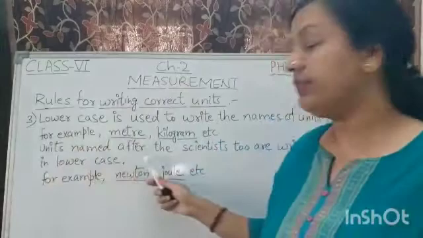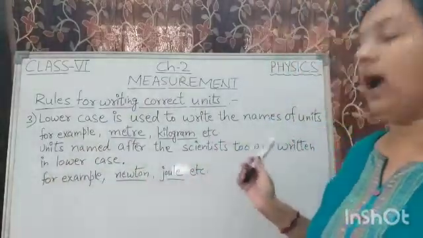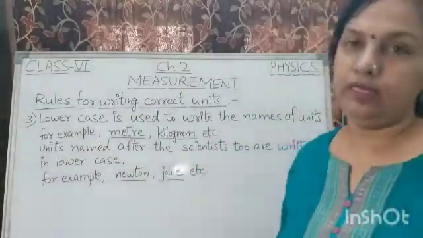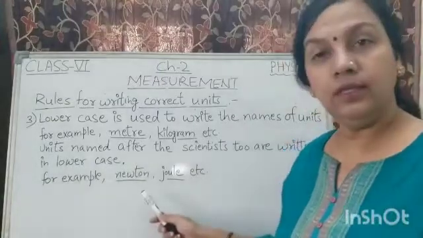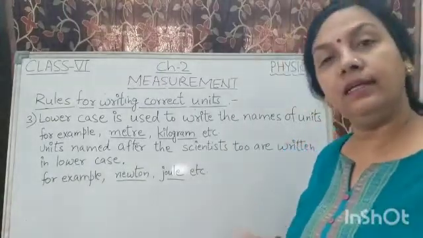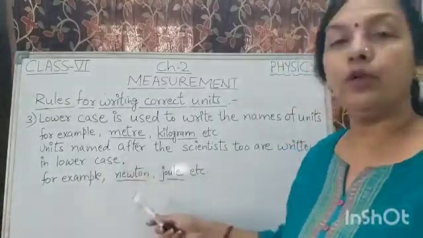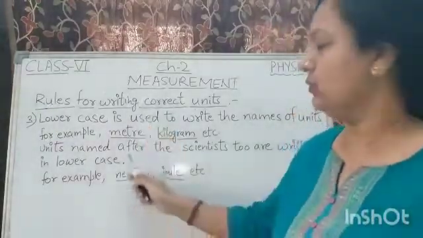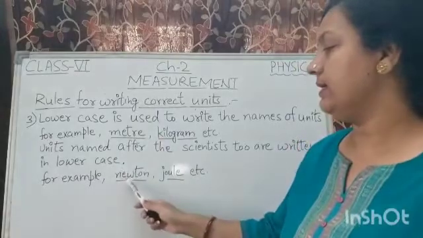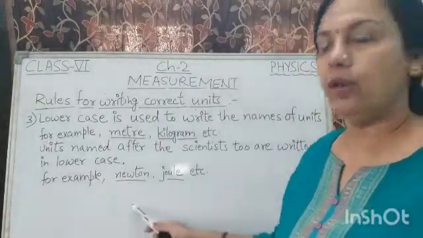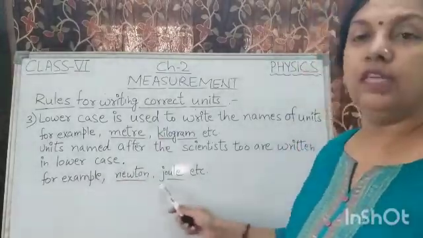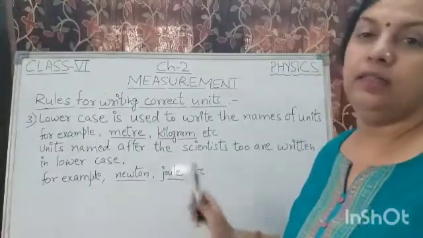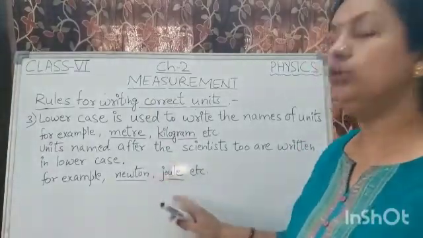Units named after scientists too are written in lowercase. For example, newton, it is named after the scientist Newton. This is the unit of force, but we will use only lowercase to write this unit, like newton in small letters. Again, joule. We will use lowercase only.